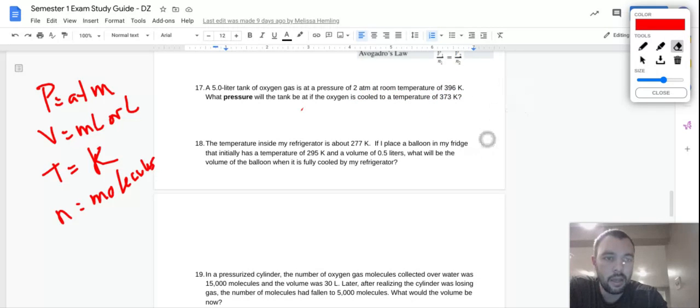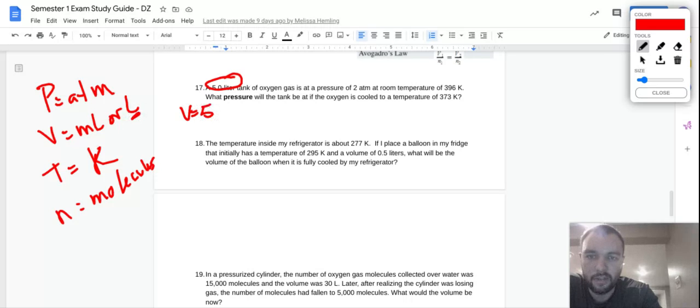A 5.0 liter tank of oxygen, so this is a volume. Since it's liters, volume equals 5.0, and a pressure of 2 atm, so pressure equals 2 atm.